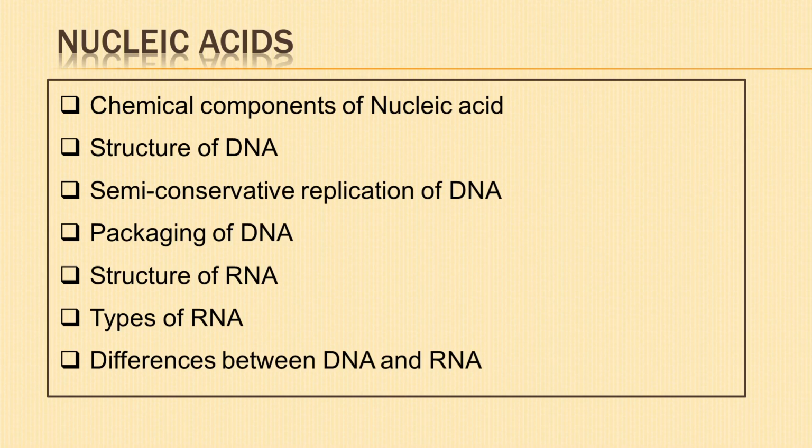By the end of this video, you will have a clear conceptual understanding of chemical components of nucleic acid, structure of DNA, semi-conservative replication of DNA, packaging of DNA, structure of RNA, types of RNA, and finally, differences between DNA and RNA.